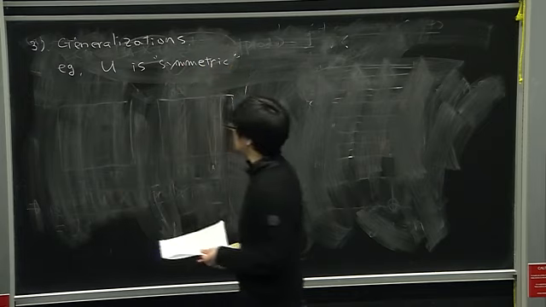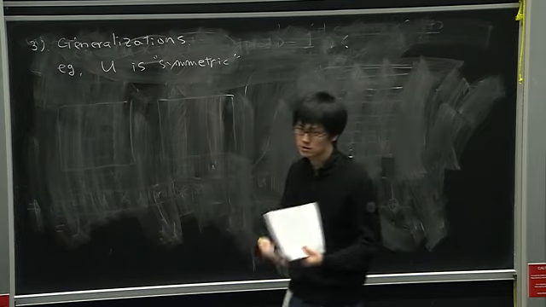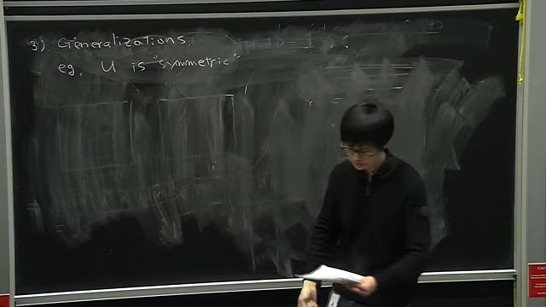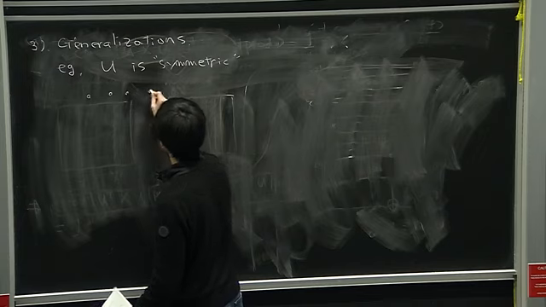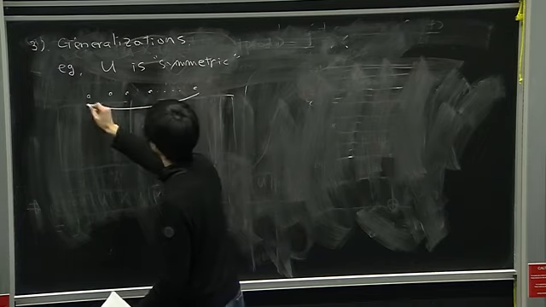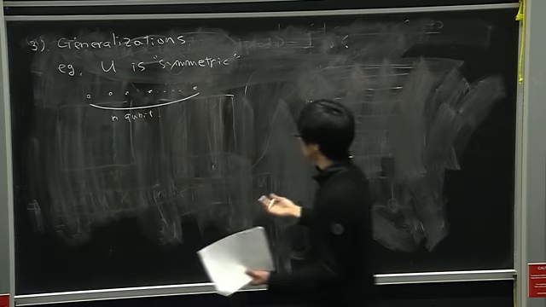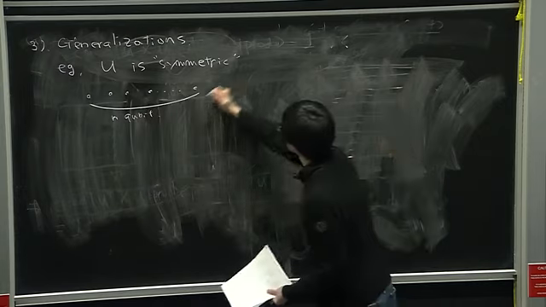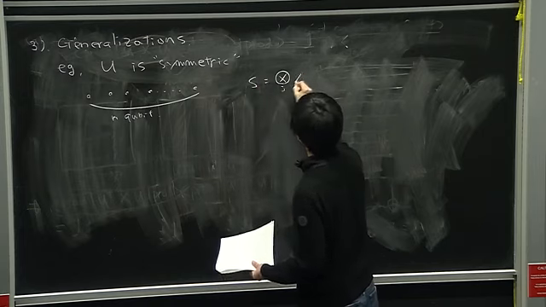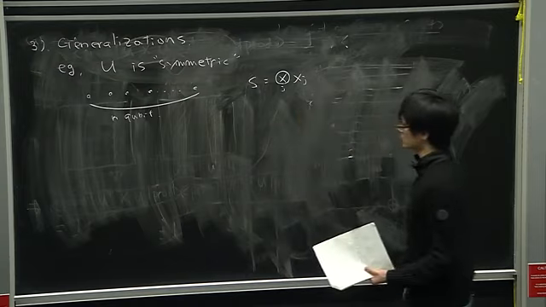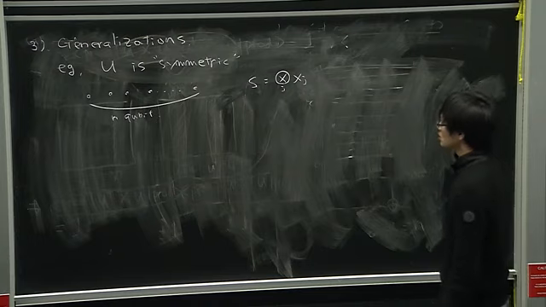So what does it mean to be symmetric? Symmetric means that the system for some reason has some imposed symmetry. One example is a system of n qubits, and for some reason the system has the following symmetry: a tensor product of Pauli X operators.